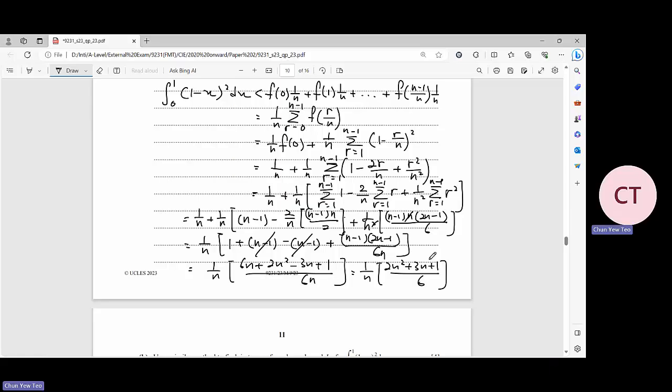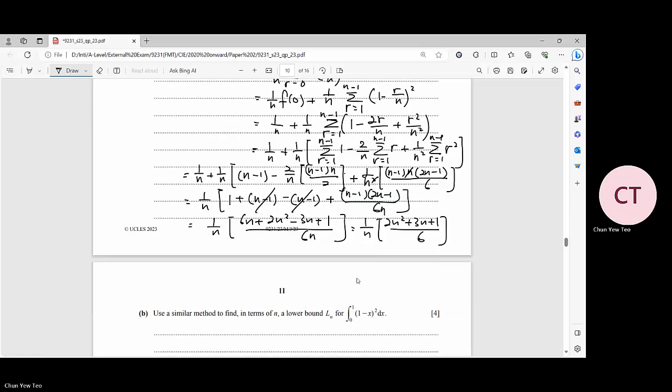And after you factorize it, then you get 2n plus 1, n plus 1 over the 6. So in order to show that exactly the same as the answer given, so I just make it become 2n plus 1, n plus 1 over the 6n.